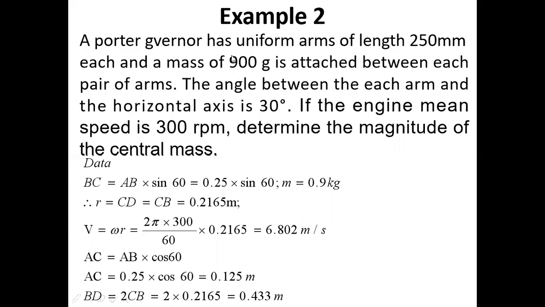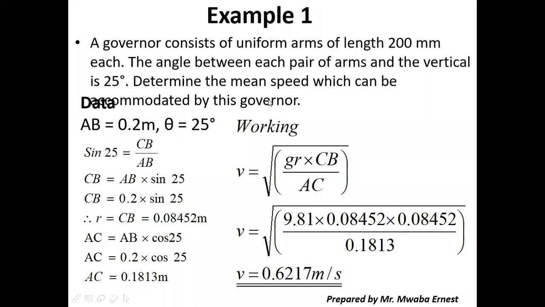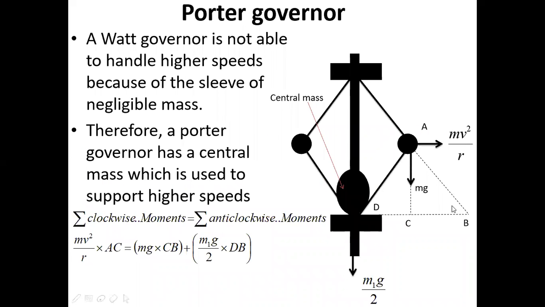So one thing you will notice is that this is a repeat of the earlier calculation we went through where we say BC is AB sine theta. The only trick is this here. It says the angle between the horizontal axis and each arm is 30 degrees. It is now referring to this, meaning that this angle here is 30 degrees.